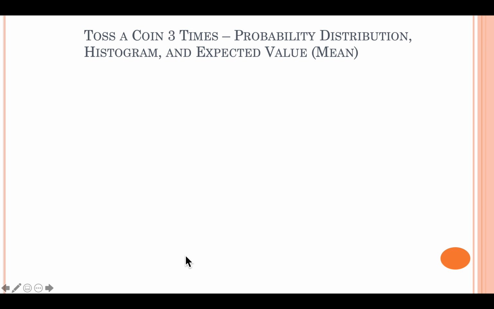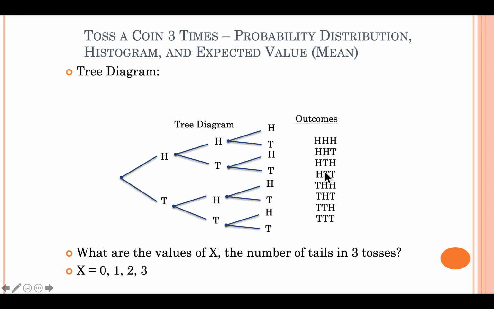Coming back to your outcomes, for the probability of getting no tails, if you examine this list of 8, there is only one outcome where there are no tails, and it's this one right here. So the probability of getting no tails is 1 out of 8. The probability of getting 1 tail, let's count.